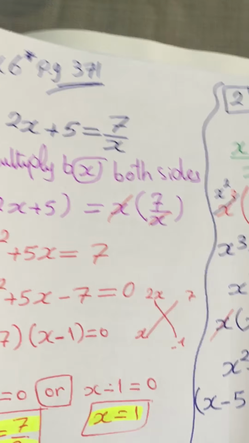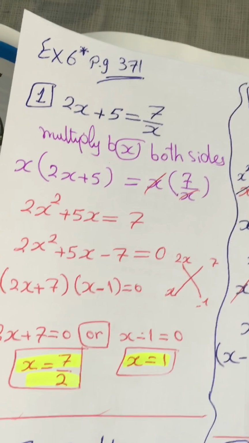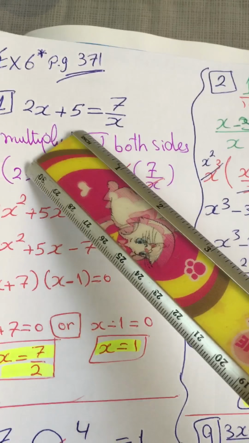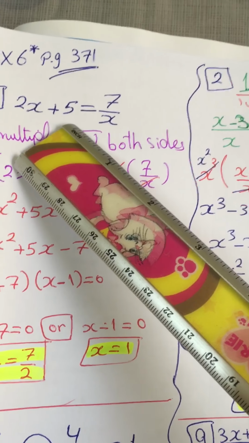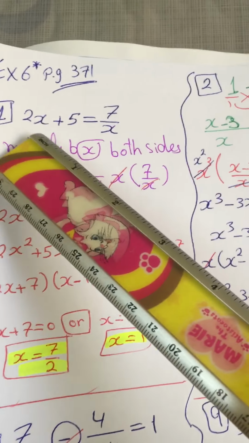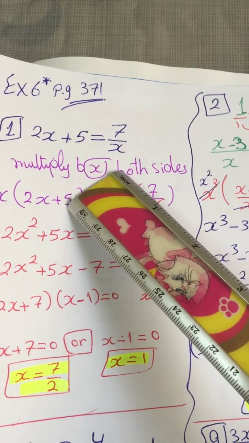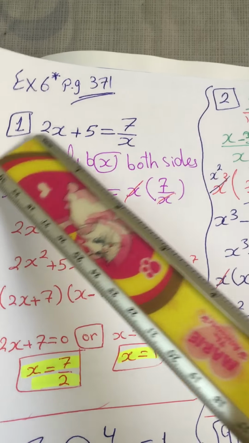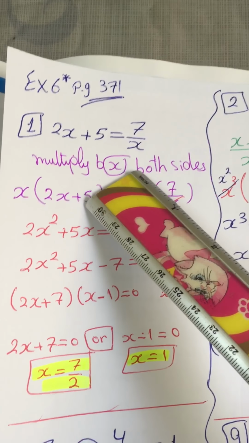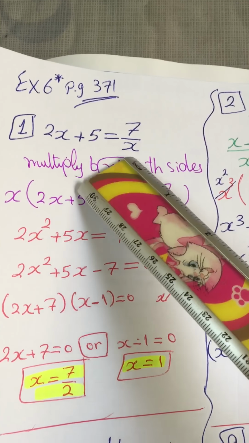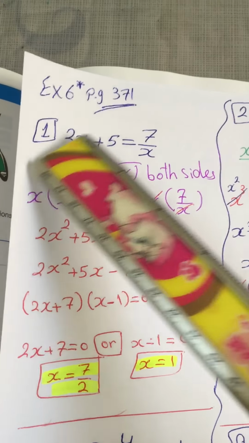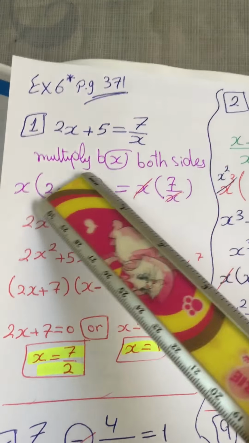So exercise 6 star, page 371, we have the equation 2x plus 5. He said solve these equations, that's to say find the value of x. 2x plus 5 equals 7 over x. We can multiply both sides by x, but I use another way here, okay? I take this denominator and multiply it by both sides of the equation.